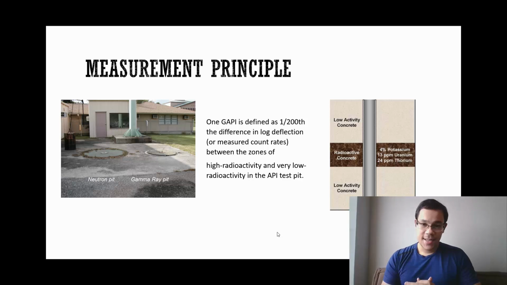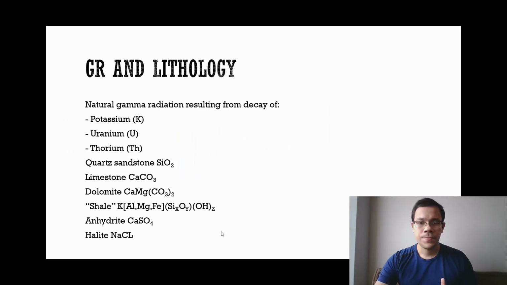That is defined as 1/200th of the difference in log deflection or count rates between the zone of high radioactivity, this area, and the zone of very low activity, like this area. So this is related to the pit at the University of Houston. Obviously, not every single tool is logged in there, but that is the standard. That is what we're comparing our tool with.